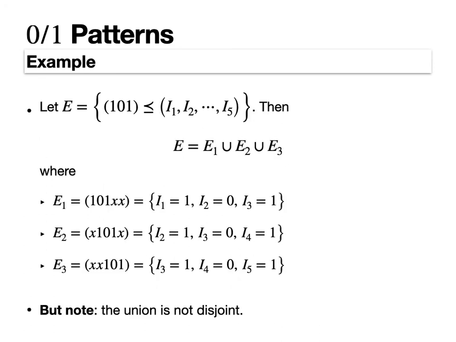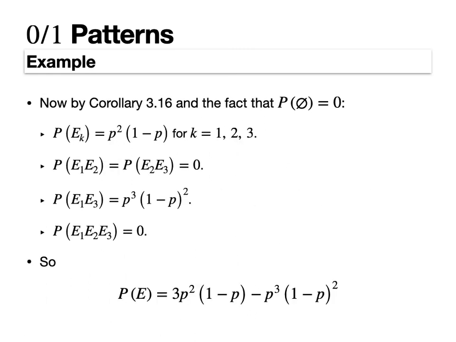Because the only way E1, E3 could happen is if you had 1, 0, 1, 0, 1, right? That's the intersection of E1 and E3, that single success sequence, 1, 0, 1, 0, 1, and that happens with probability p cubed times 1 minus p squared because there are 3 successes and 2 failures.